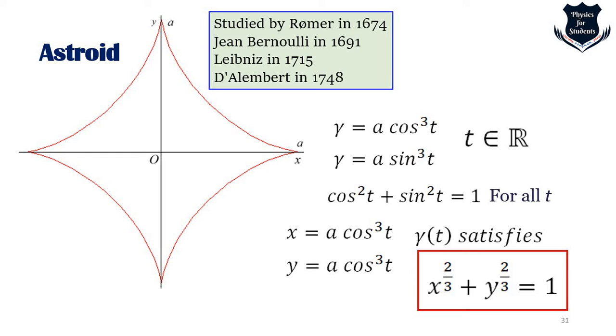Starting from Roemer to Jean Bernoulli and going up to Leibniz and D'Alembert, this is again a parameterized curve, and this gives you all those equations which will help you understand and deal with astroids in further detail.